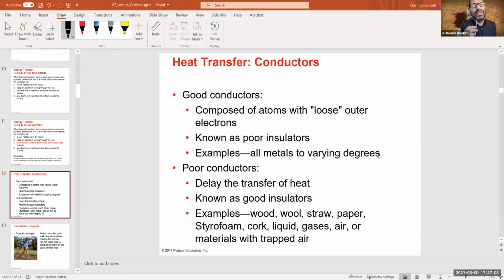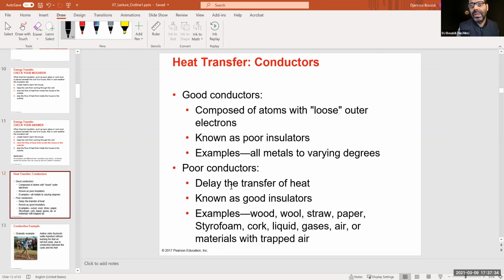Iron actually is a poor conductor, but it is a conductor nonetheless, okay? Copper is a good conductor of electricity and heat. Silver is actually even better. Gold is even better than the first two, and so on and so forth, okay? Aluminum also is a good conductor. Those are some of the household metals that we see on a regular basis, okay?